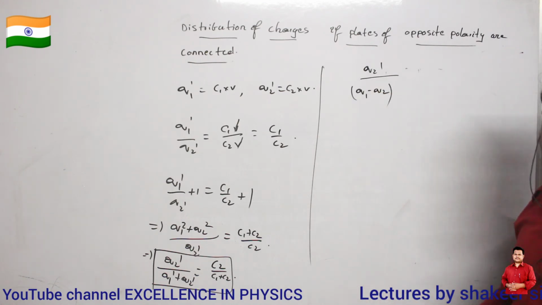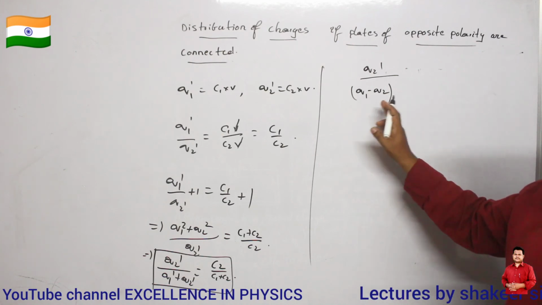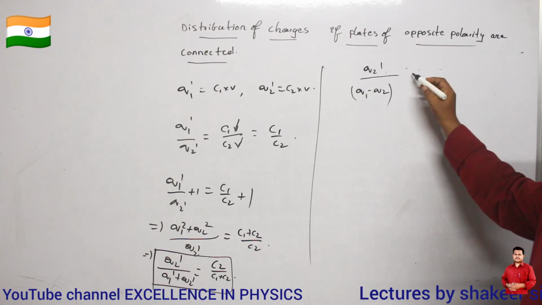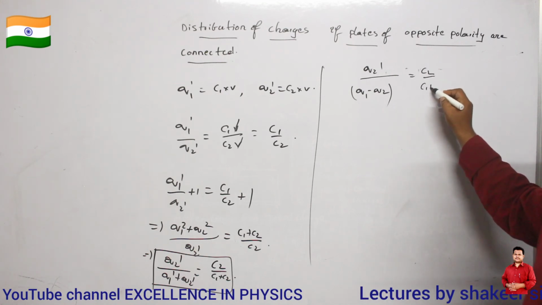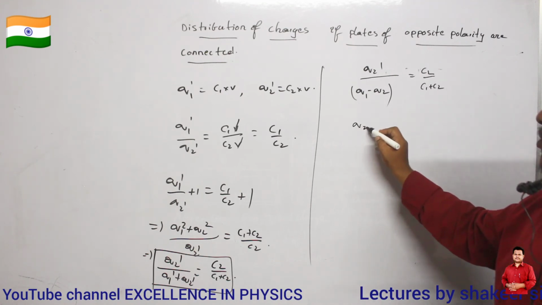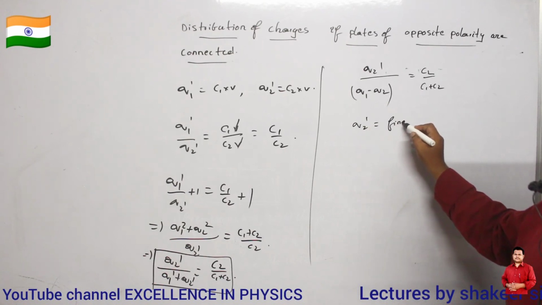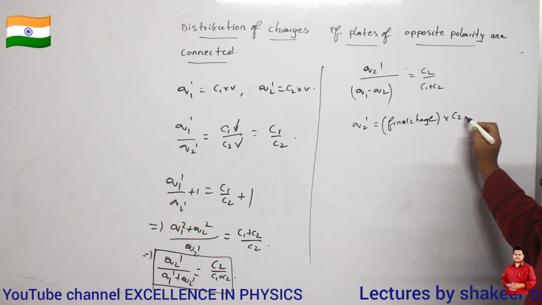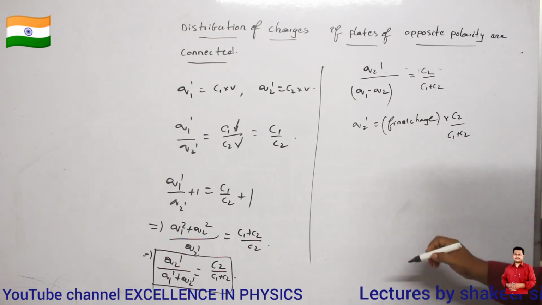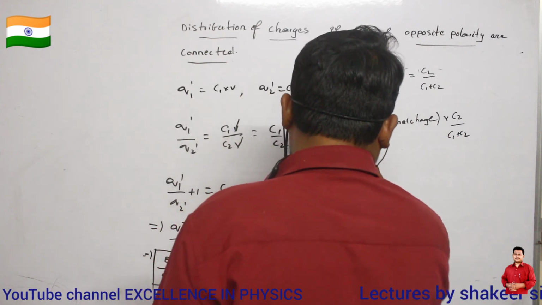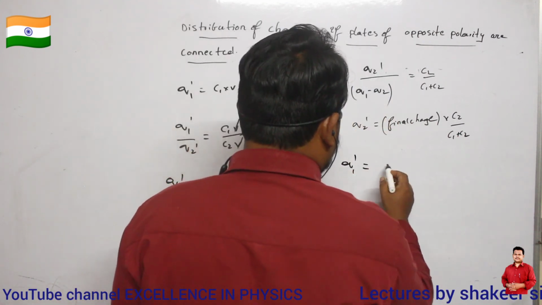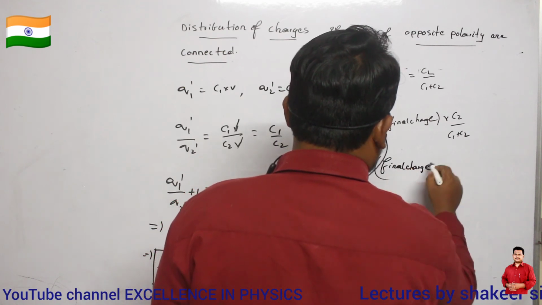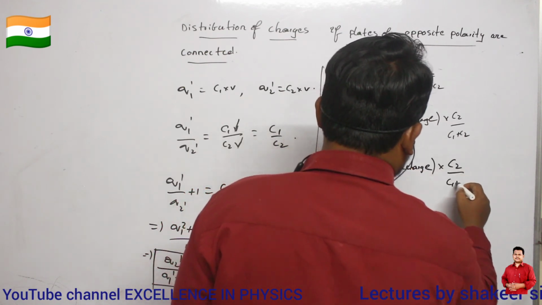So this is equal to C2 divided by (C1 + C2). Therefore, Q2 dash can be written as the final charge multiplied by C2 divided by (C1 + C2). Similarly, Q1 dash, the final charge on the first capacitor, can be written as the total final charge multiplied by C1 divided by (C1 + C2).